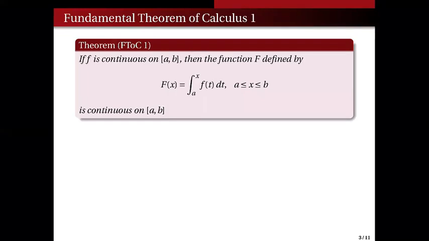We call this the fundamental theorem of calculus 1. By the way, this numbering here, we have two parts: fundamental theorem of calculus 1, fundamental theorem of calculus 2. In other references, they are reversed. In other references, this is the fundamental theorem of calculus 2, and my fundamental theorem of calculus 2 is the fundamental theorem of calculus 1.